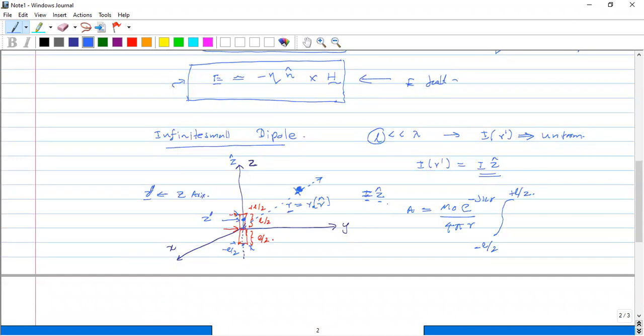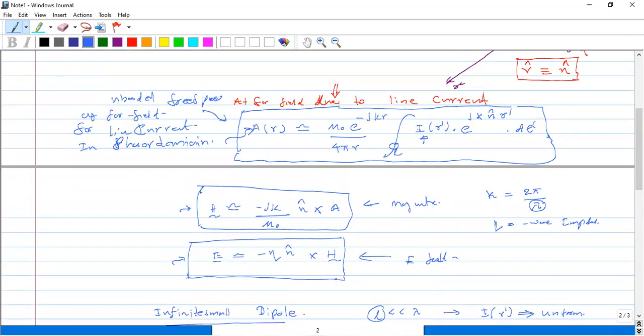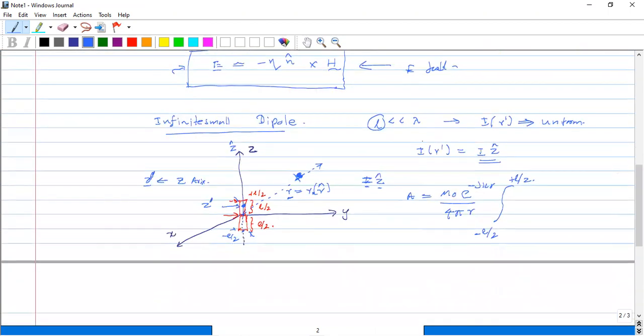And then you have the current distribution I of r dash. So what is I of r dash here? I is uniform and it is in the z direction, I z.